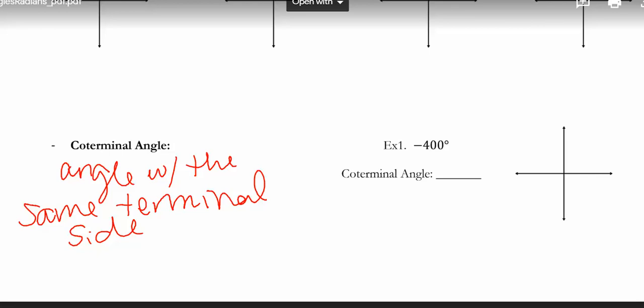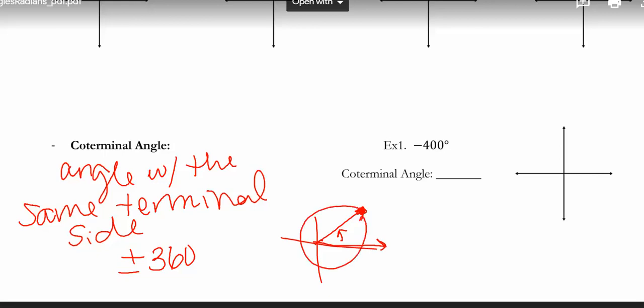And how I get the same terminal side is I just add or subtract 360. If I have 60 degrees, this angle right here, and I have this point, if I wanted to get this exact same point, I would either add 360 or subtract 360 and I would get the exact same point. And that's what it means to be coterminal.